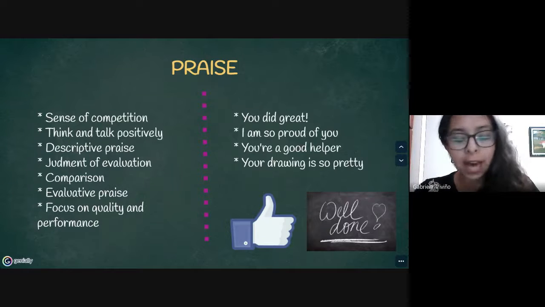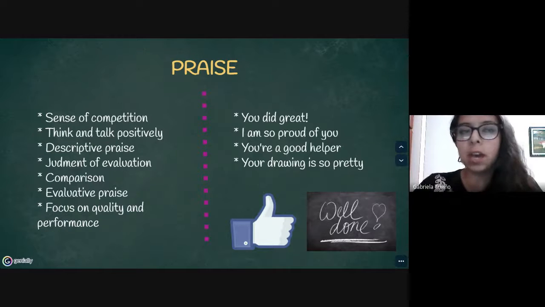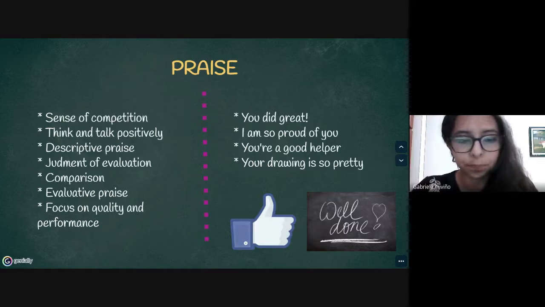And if one of the students sees you saying that, he or she will feel like, okay, I want my teacher to tell me the same. So I am going to put my effort into finishing my task to hear my teacher saying that I did a great job.